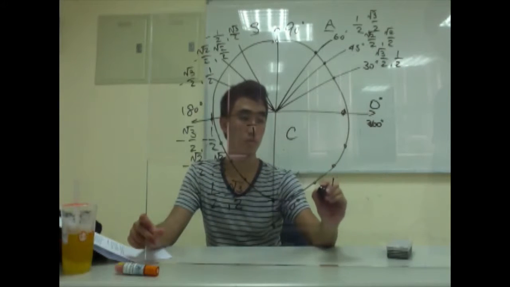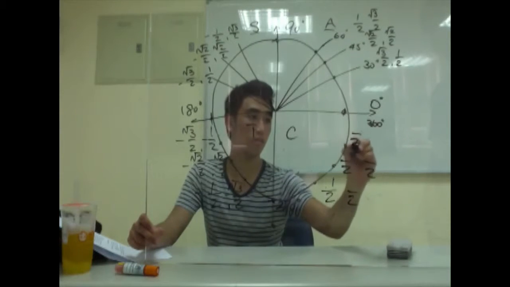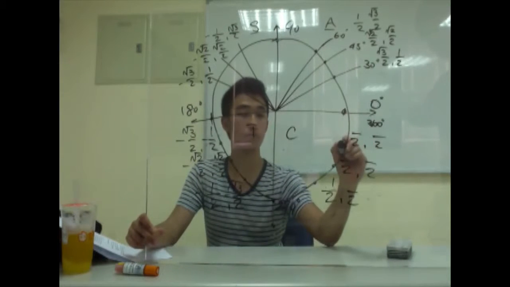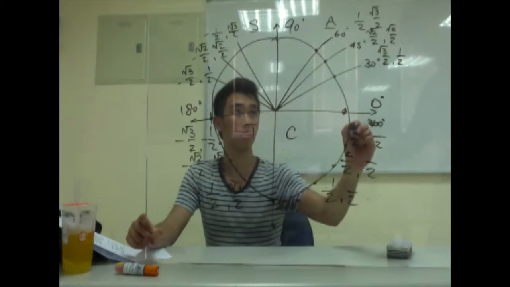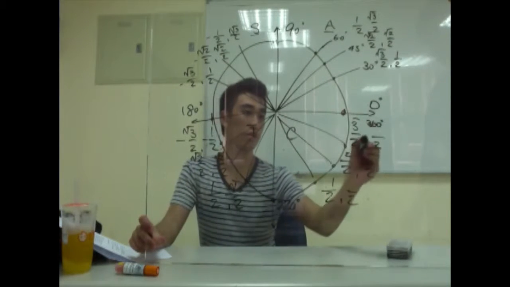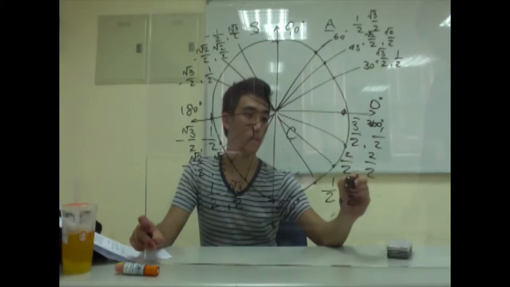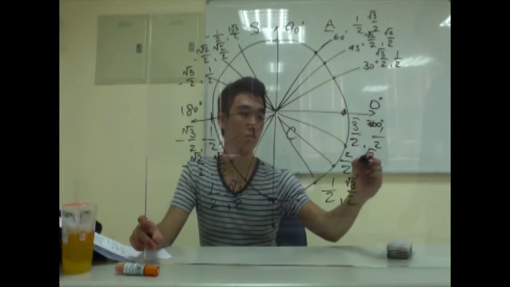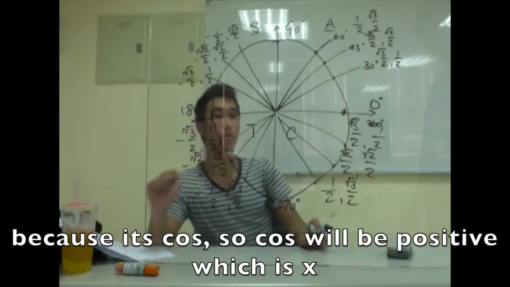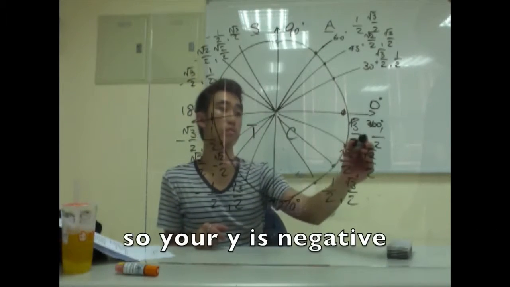So you have over 2, over 2, over 2, and 1, 2, 3 across, and 1, 2, 3 down. Just mark root signs. Because it's cosine, cosine will be positive, which is the x, so your y is negative.